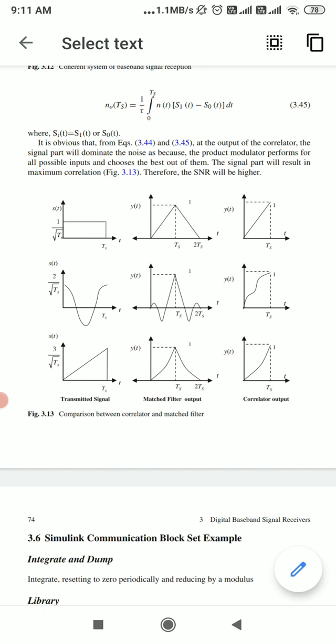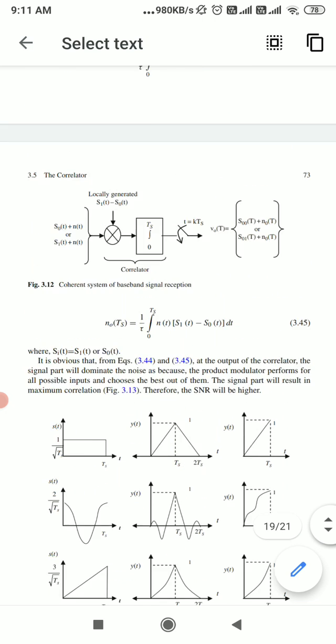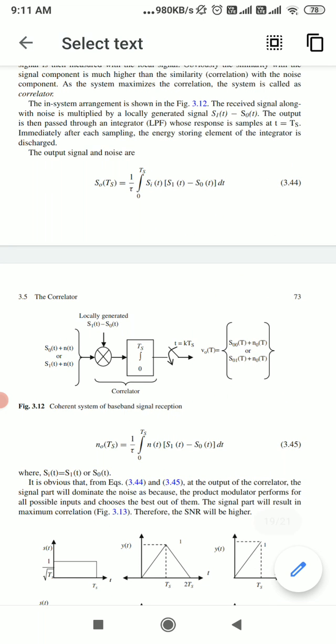These are nothing but the output signal and the noise. So, you will get the output signal S0 of t. How will you get it for the matched filter? You are supposed to compare these equations of the correlator with the matched filter. So, for the correlator, S0 of t is equal to 1 upon 2 integration 0 to T Si of t S1 of t minus S0 of t dt.